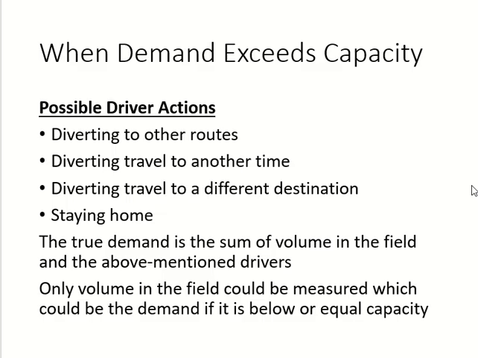Okay, is there a possibility that the demand can go above the capacity? Yes. Okay, that's where we have the traffic jam, right? That's when we cross the capacity. I showed you the graphs as well. So what are the possible actions that drivers can do? I already gave you one example. If you see a warning sign, traffic jam ahead, you can do what?